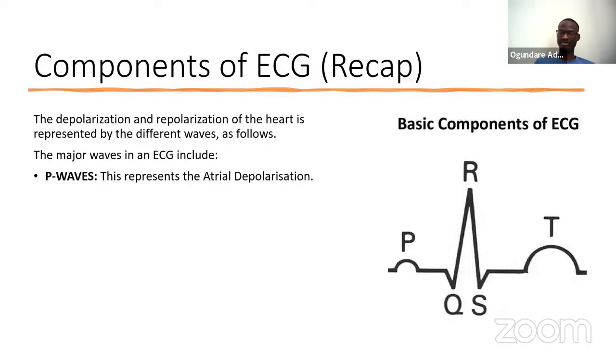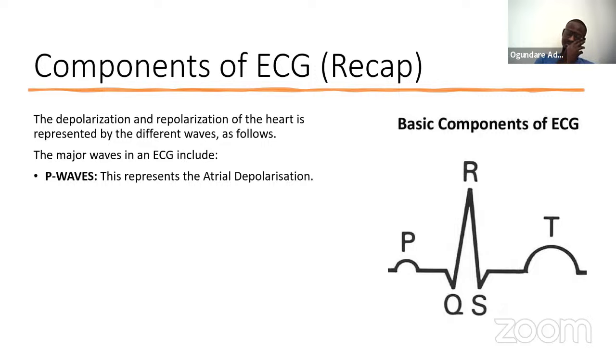Depolarization, contraction, then repolarization, relaxation. There are a lot of activities surrounding the depolarization and repolarization, all these action potentials and all these chemical exchanges. You really don't have to bother your head with that, to be honest.